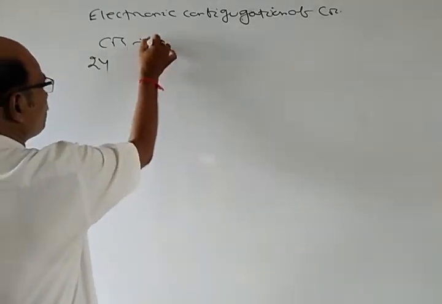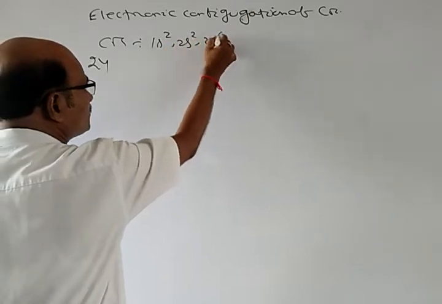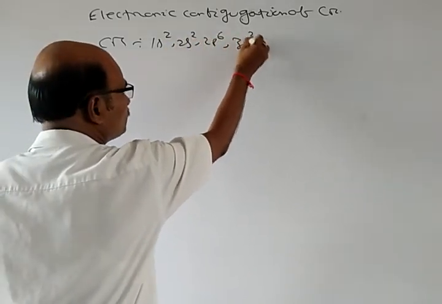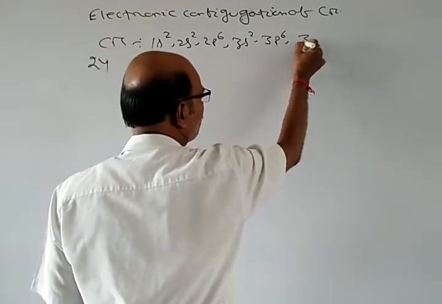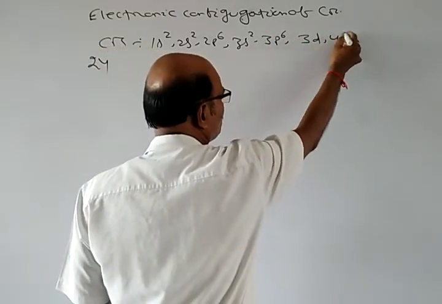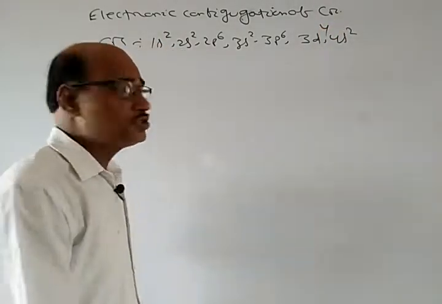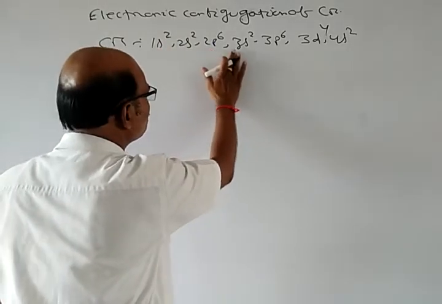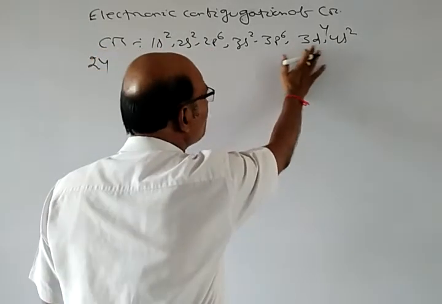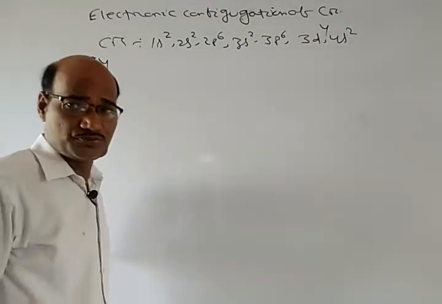So we have 1s2, 2s2, 2p6, 3s2, 3p6, 4s2, 3d4. So this is the expected configuration: 1s2, 2s2, 2p6, 3s2, 3p6, 4s2, 3d4. It should be the electronic configuration.